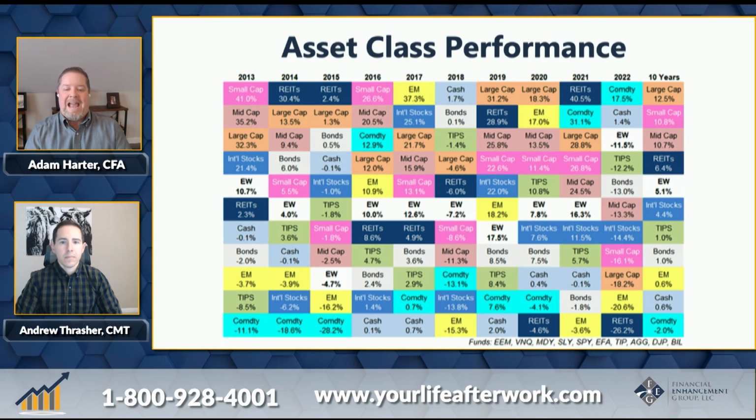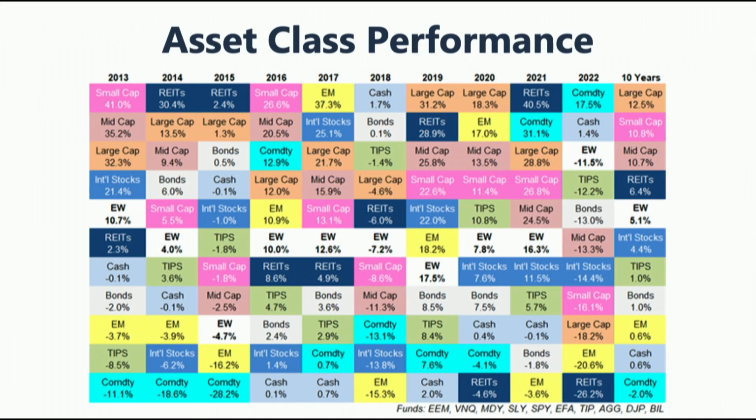We've got REITs, cash, bonds, emerging markets, another segment of international, TIPS, so inflation protected bonds, as well as commodities. The white box is what we call equal weighted. That would be if you had an equal measure of the other boxes, and that would represent a pretty decent, at least diversified allocation amongst a bunch of different boxes.